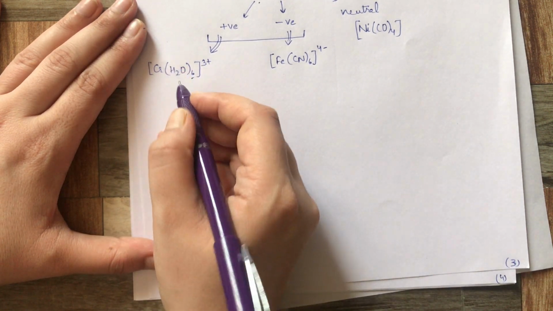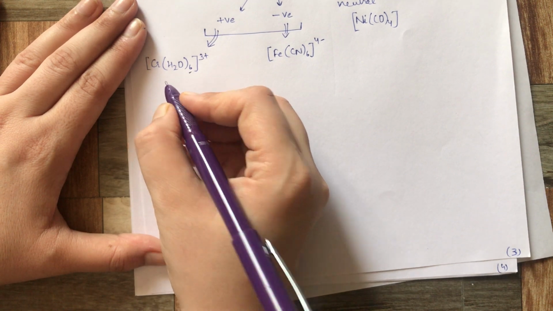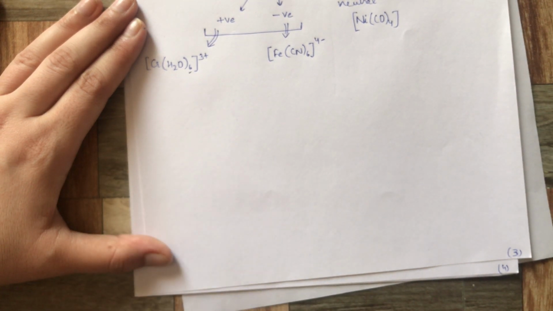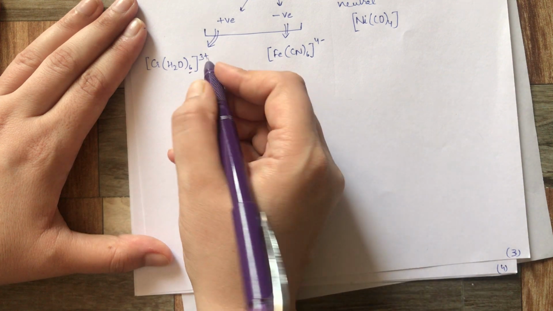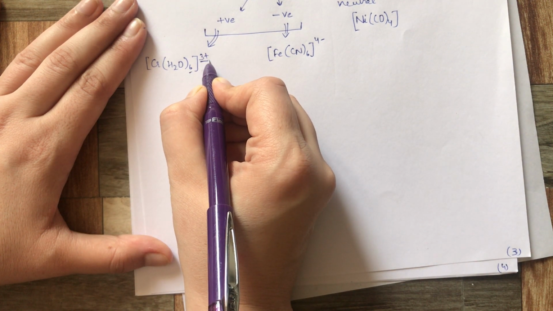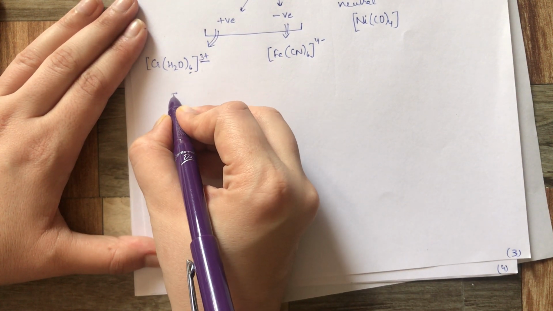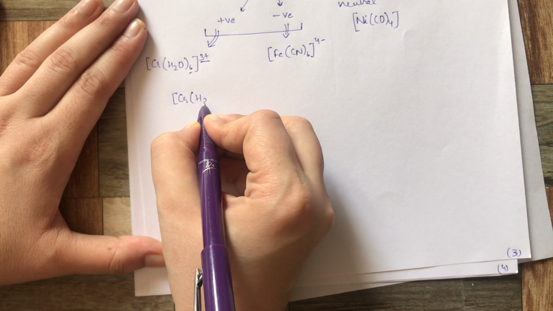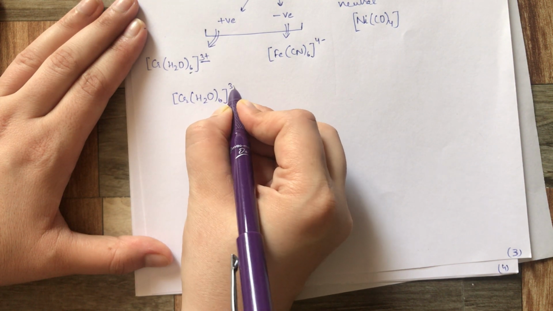What are the ionizable groups needed to satisfy this charge? Suppose we have Cr(H2O)6 3+.